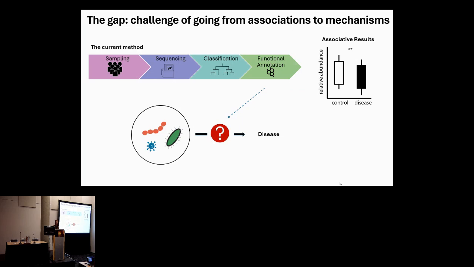We then sequence that microbial environment, now able to do so using 16S or metagenomic sequencing, and then we can understand the relative abundance of which microbes thrive in the diseased environment versus the healthy environment. This leaves us with largely associative results. We can understand that a given bug or a given environment of bugs is significantly over or under abundant in a disease population versus a control.